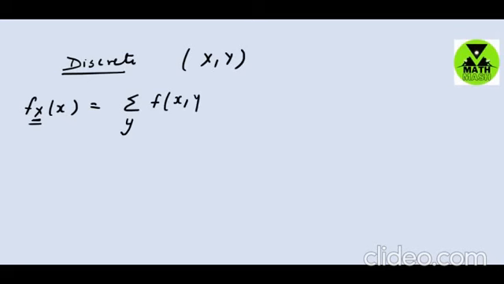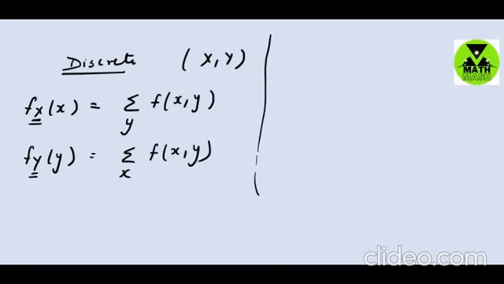This is f(x, y). So take the sum over all the possible values of y of f(x, y). And f_Y(y) is the marginal density of y. Here we are finding the marginal density of the random variable y, so take the sum over all the possible values of x of the joint probability mass function, that is f(x, y).